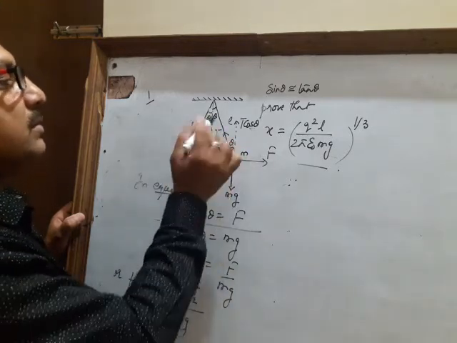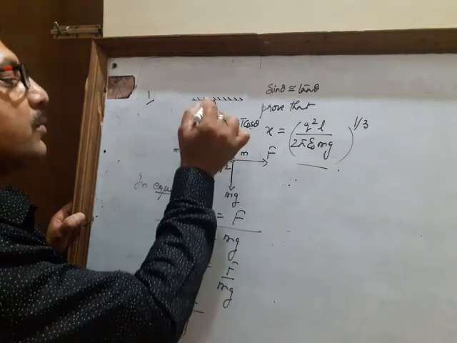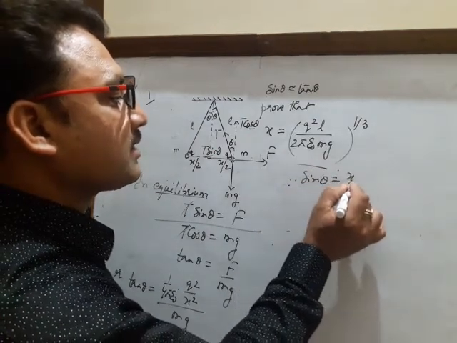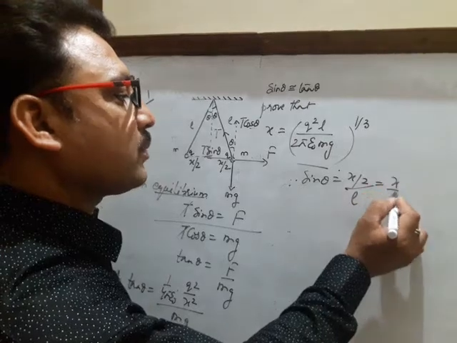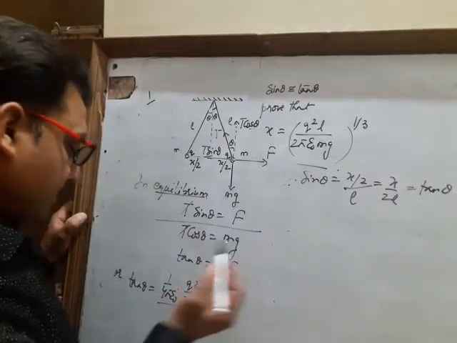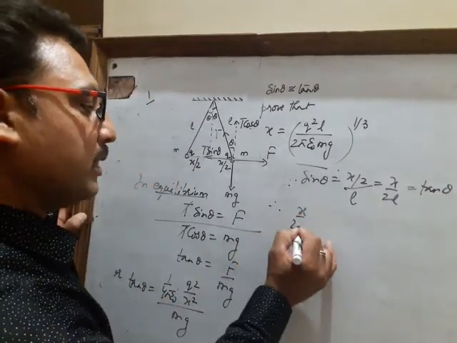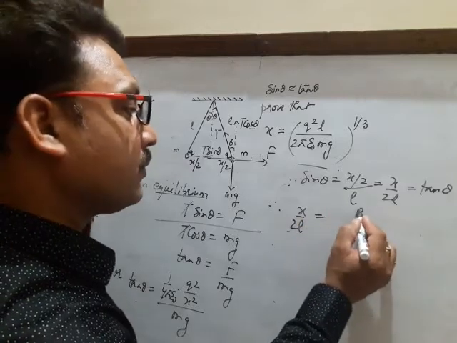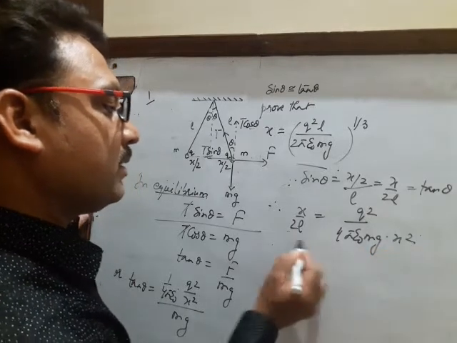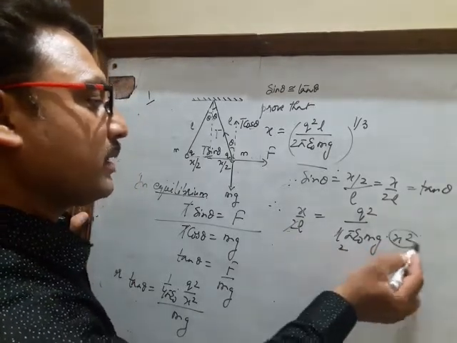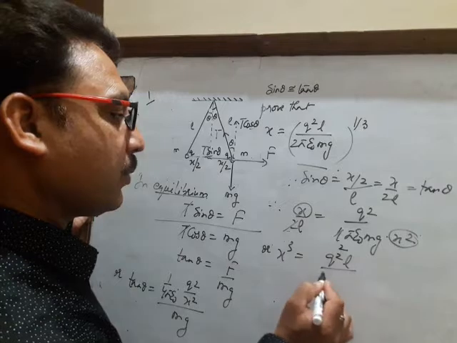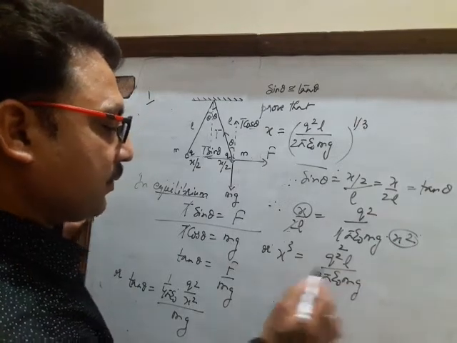So sine theta is perpendicular upon hypotenuse, so x by 2 upon L. Since sine theta is equal to x upon 2L, and this is equivalent to tan theta, therefore x upon 2L is equal to q square upon 4 pi epsilon naught mg x square. 2 2s are 4, this becomes x cube, or you can say x cube equal to q square L upon 2 pi epsilon naught mg.